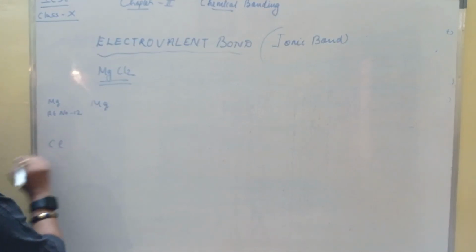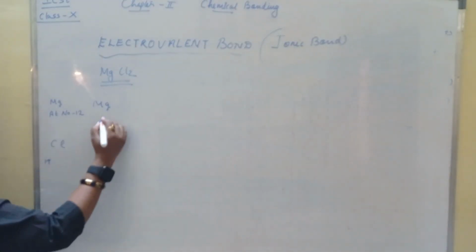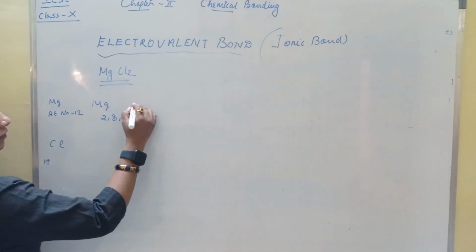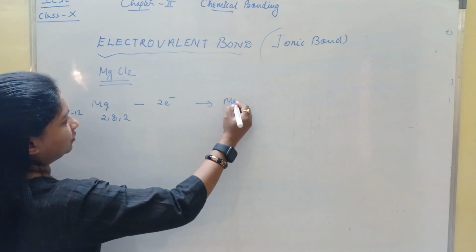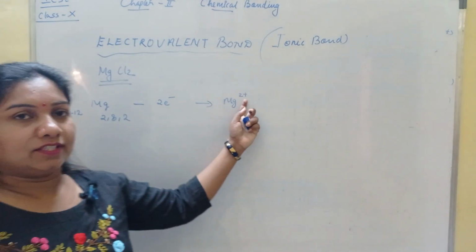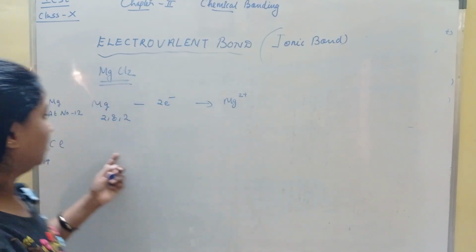Again chlorine, atomic number is 17. Configuration will be 2 8 2, gives 2 electron and forms Mg2 plus. Why Mg2 plus? Because this 2 plus shows that it has given its 2 extra electron.